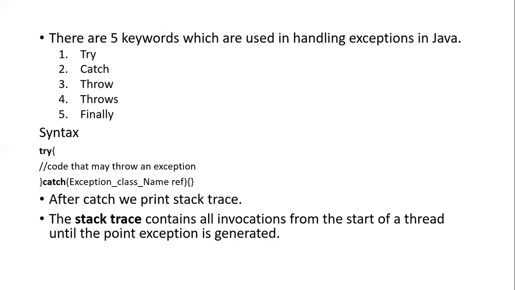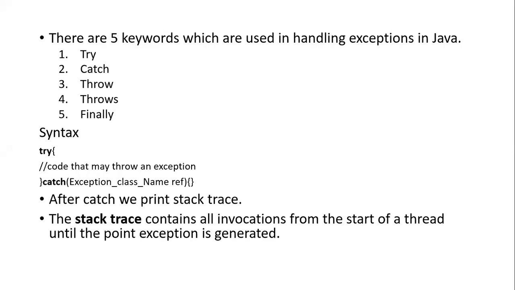Then come throw and throws. Throw is a keyword which throws the exception object. And finally is a block of code which will be executed whether the exception is handled or not.